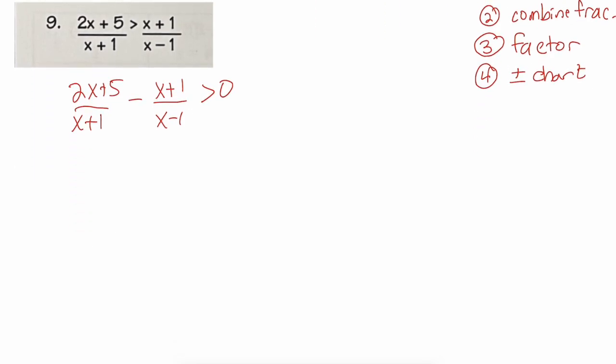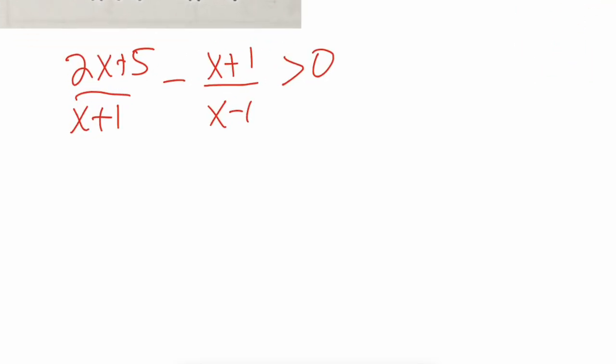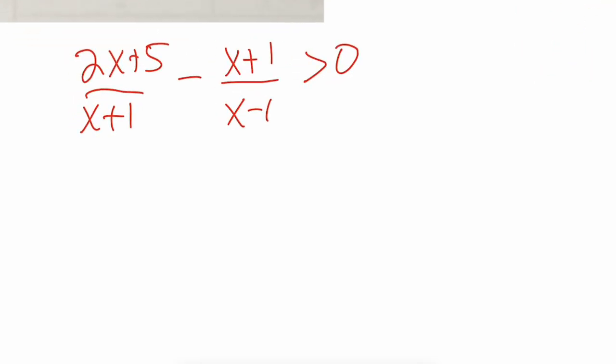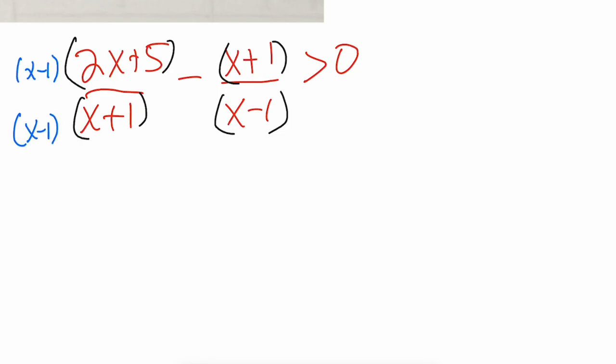Okay, now how do we combine fractions? Well, what we want to do here is put each of the multi-termed pieces in parentheses. We're going to multiply the left side by the right denominator, x minus 1. We're going to do the right fraction by the left denominator, x plus 1.